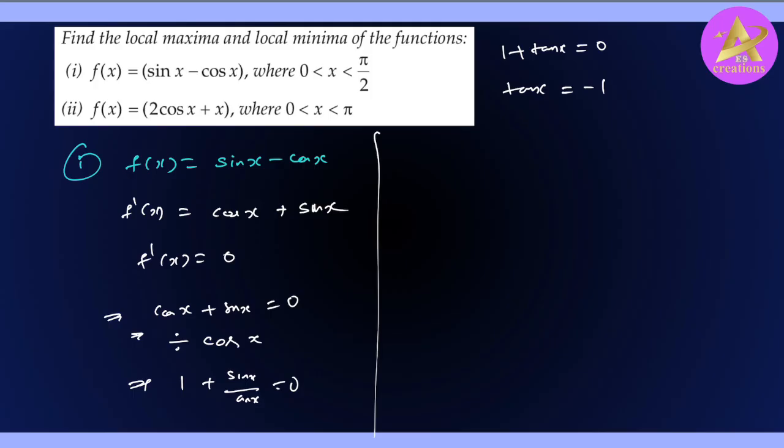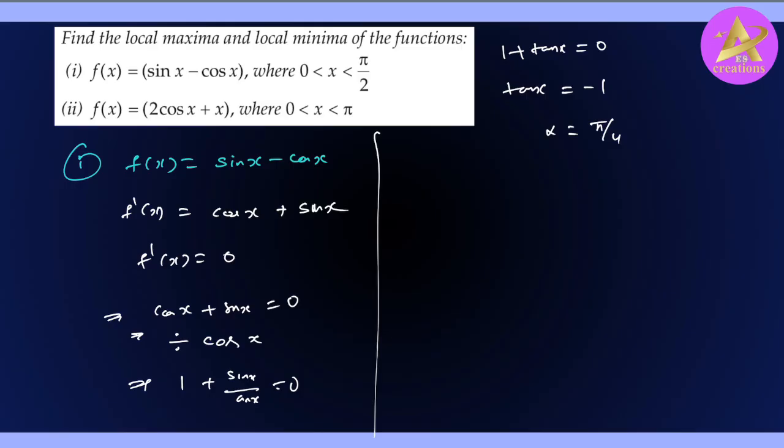Okay, when we get minus 1, that means alpha is pi by 4. When we get tan x equal to minus 1, if alpha is equal to pi by 4, then we get minus 1, right?